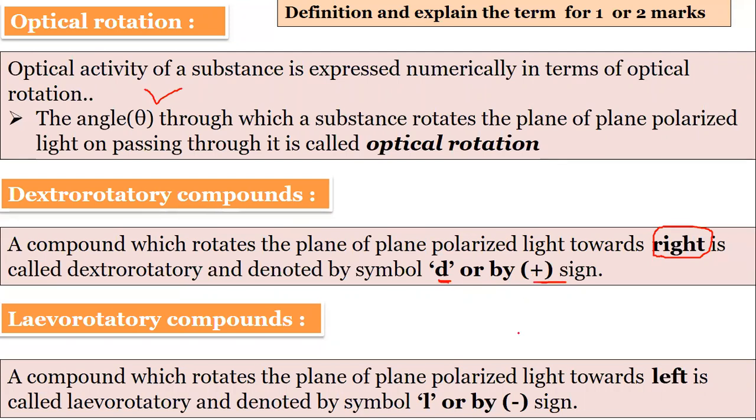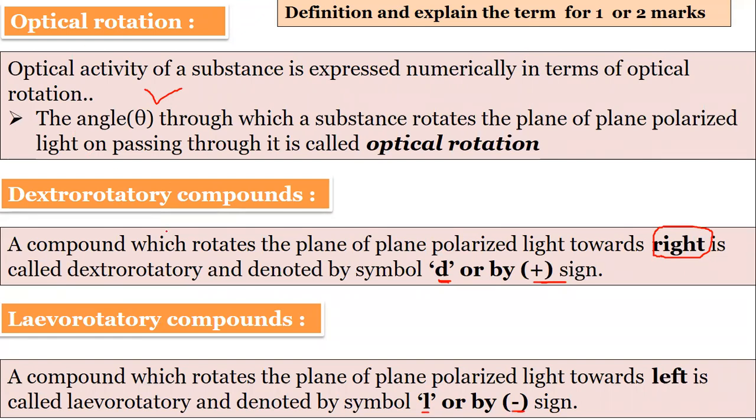Opposite to dextro, laevorotatory is denoted with a small l or minus sign, which means the plane of plane polarized light is rotated to the left hand side. Okay.